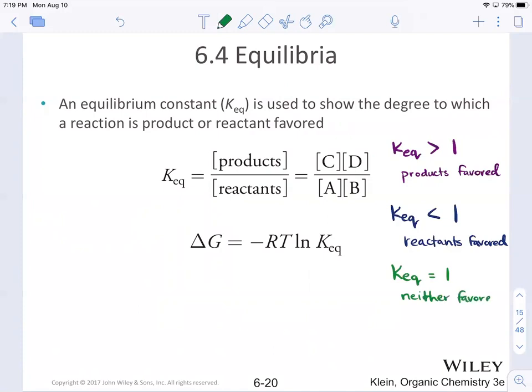Reactants and products are equal in concentration. So KEQ, delta G, delta H, and delta S are all thermodynamic terms. It only describes the relative stability of the products and the reactants, but not how fast or how slow they go. And we can use KEQ to find delta G as well. The negative RT, R being the gas law constant, different units, temperature being in Kelvin, and the ln, the natural log of KEQ, will give us the actual delta G.